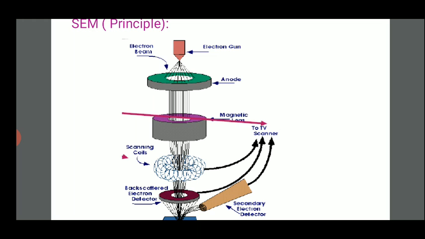When the beam of electrons strikes the surface of the specimen and interacts with the atoms of the sample, signals in the form of secondary electrons, backscattered electrons, and characteristic X-rays are generated that contain information about the sample's surface topography and its composition, etc. Thus, the scanning electron microscope can produce very high resolution images of a surface.